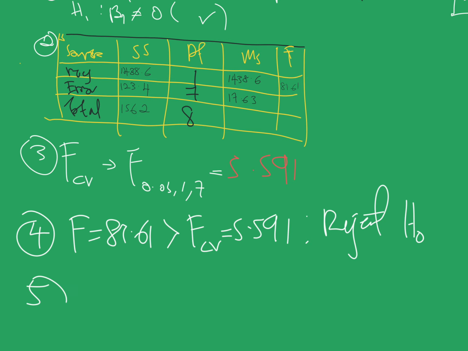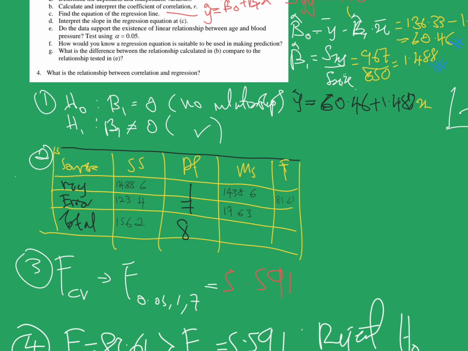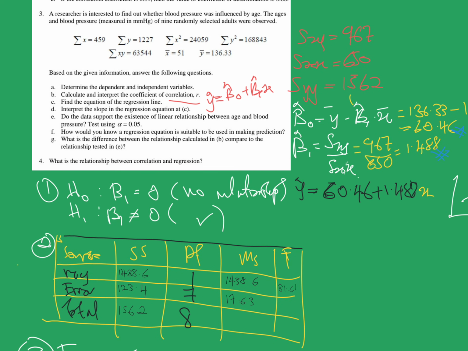When you reject H null, what is the conclusion, which is the fifth step? Let's refer back to the first step. We reject this, meaning that there is a linear relationship. You can just quote back the question. The question asks us, do the data support the existence of a linear relationship between the H and block?